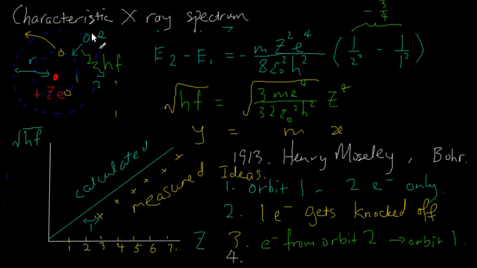So when it falls from there to there, the electron only feels the attraction from Z-1 protons, because one proton's attraction is cancelled by the electron that is still in the first orbit.